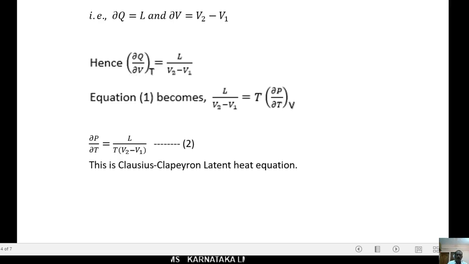On rearranging this equation, cross multiplying the T to the denominator, dou P by dou T equals L upon T into V2 minus V1, that will be equation 2. This is the Clausius-Clapeyron latent heat equation, derived from Maxwell's thermodynamic relation.